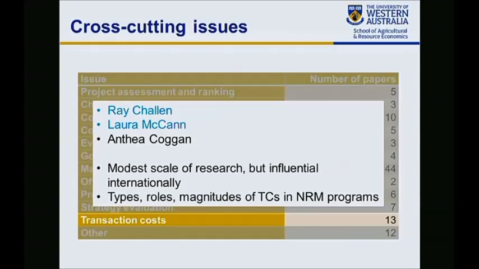Laura's gone on now to work in America, in Missouri, still working on similar issues. Ray's a private consultant, and he's probably moved on to other issues. But the work that they did has really established Australia as one of the relatively advanced countries in terms of work on this topic.